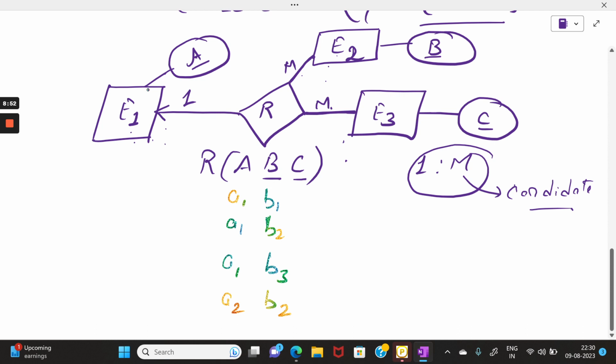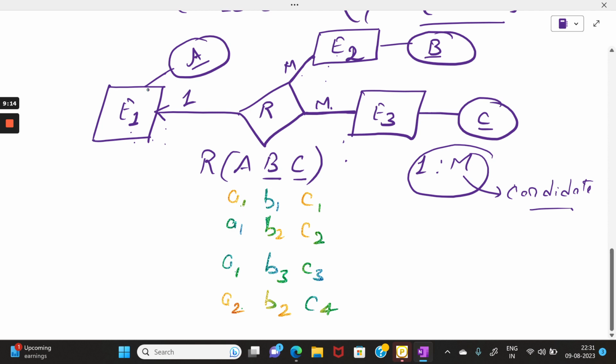So this is one to many mapping. Then we have A1 can be mapped to C1 and C2, right? And A1 can be mapped to C3 as well. A2 can be mapped to C4, like so. This is the basic configuration, right?